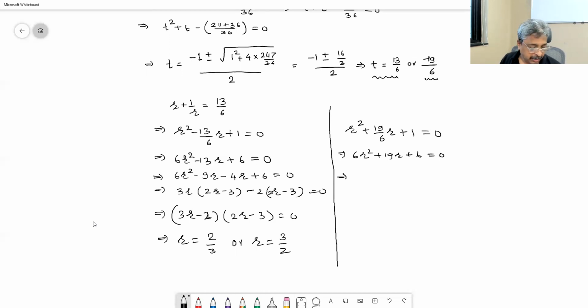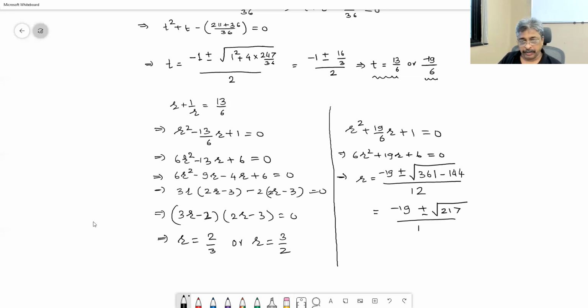And if we solve this quadratic, again R is equal to minus 19 plus or minus under root 361 minus 144 divided by 12. Therefore R is equal to minus 19 plus or minus radical 217 upon 12.